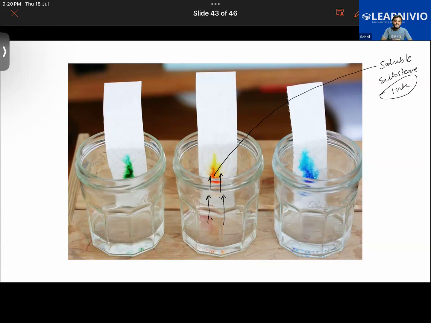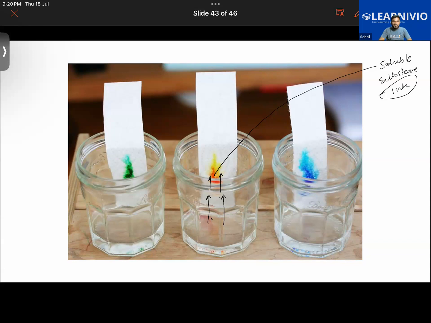For example, take a green leaf and grind it. Then take a very small paste of it, a drop, put it on a paper, and dip that paper into the water, and you will see the color of the chlorophyll dispersing into the paper. It will spread into the paper. Getting it?